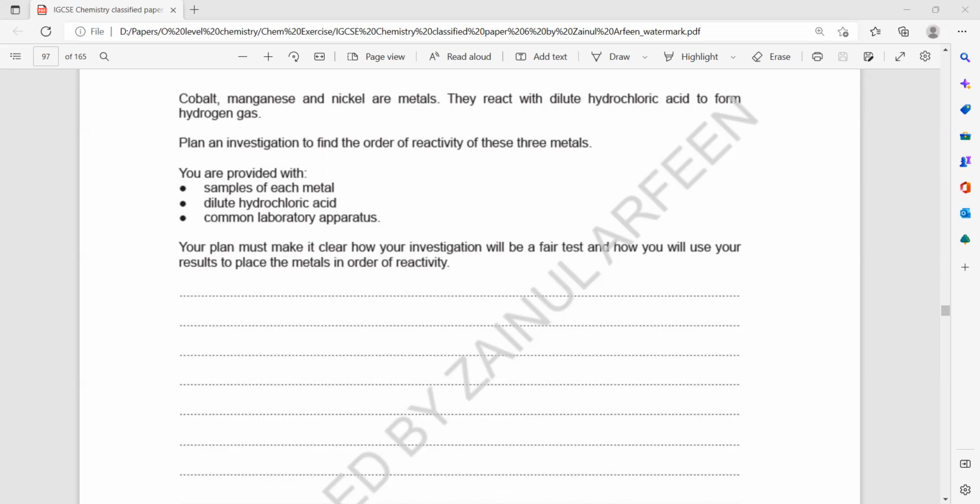So how do we plan this experiment? We will fill the conical flask with hydrochloric acid.